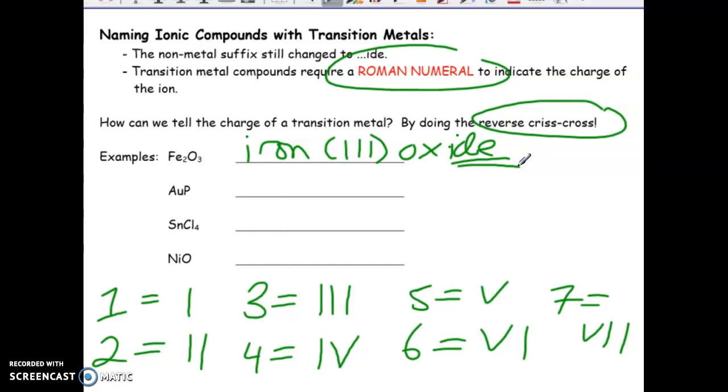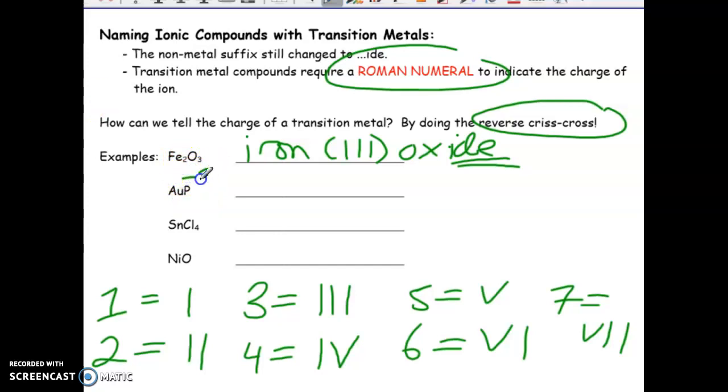Now you want to be careful. When you're looking at a molecule, sometimes you're going to want to say that the charge is 1. See how it says gold and phosphorus and there are no subscripts? You're going to want to naturally say, oh, this is gold 1 because there's no number here.